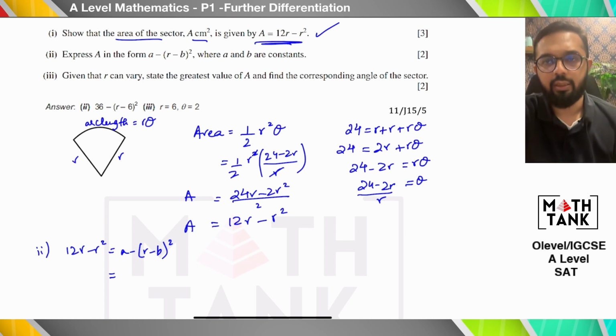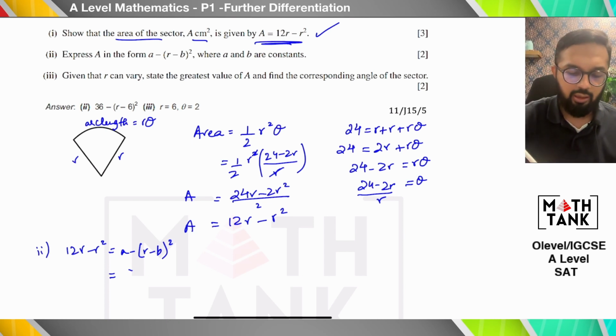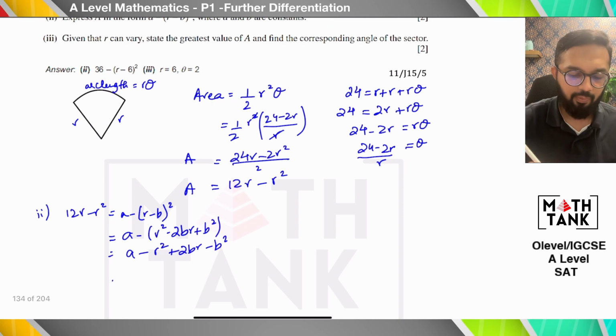This is A minus r squared minus 2br plus b squared. So A minus r squared plus 2br minus b squared. So I have minus r squared plus 2br plus A minus b squared. I'm going to then do a comparison. I'm going to say that 12 should equal 2b.